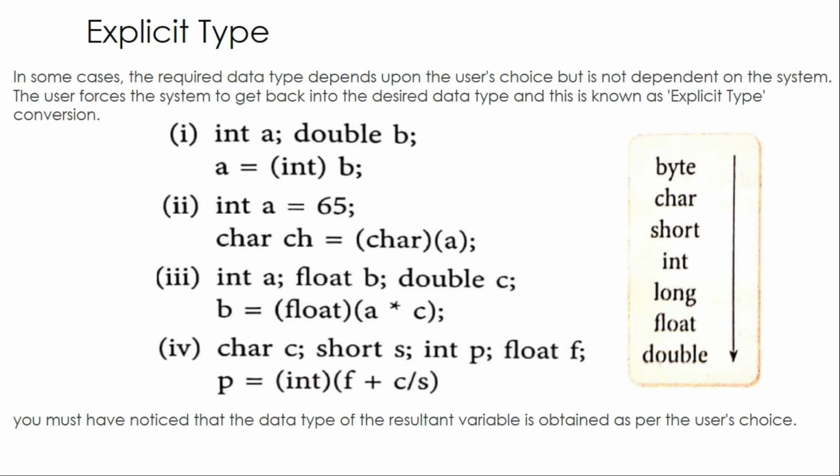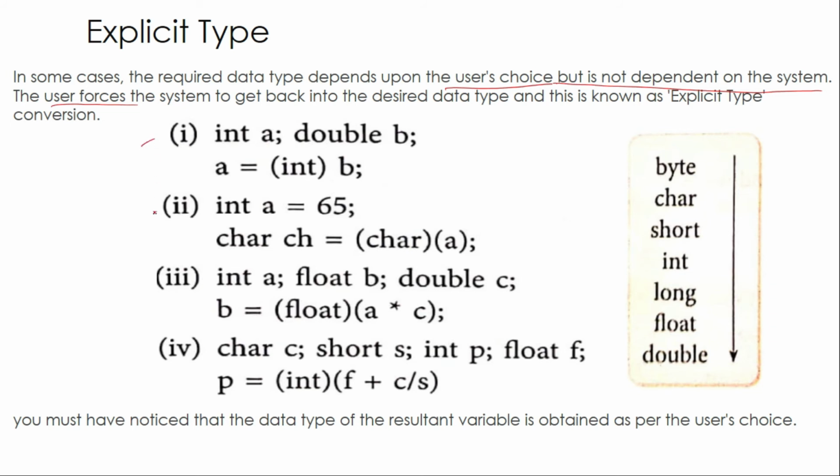Explicit type conversion. In some cases, the required data types depend upon the user's choice but not on the system. The user forces the system to get back into the desired data type, and this is known as explicit type conversion. That means the user is doing it forcefully. As you can see here, the hierarchy is given.